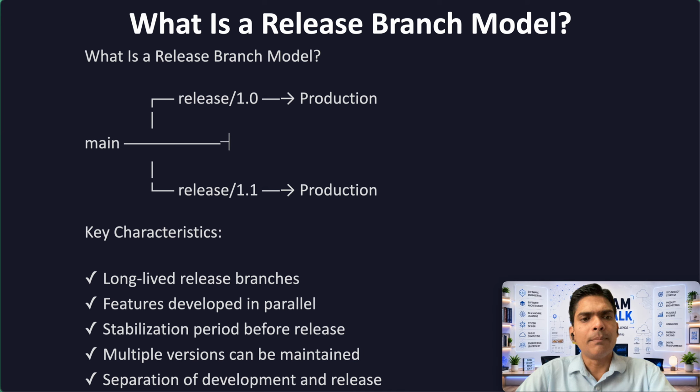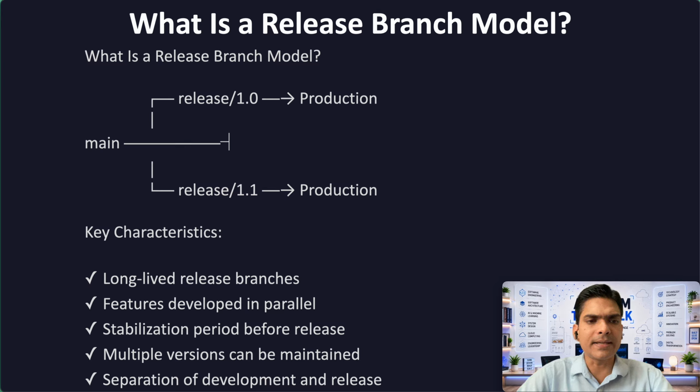This branch goes through a stabilization period such as bug fixes, testing, release preparation, while everyday feature development continues on some other release branch. Once the release branch is stable, it goes to production.